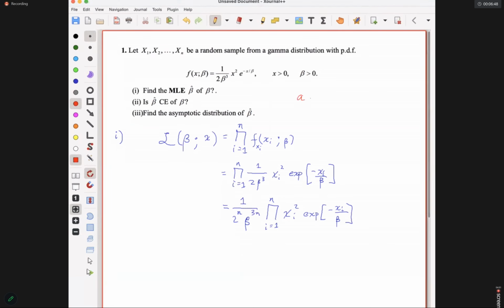If I have the product of like e to the a times e to the b, what is this equal to? And so how do I use that property to simplify my exponential within this product here?